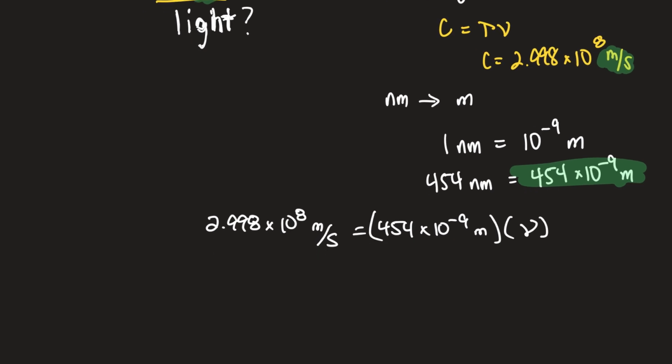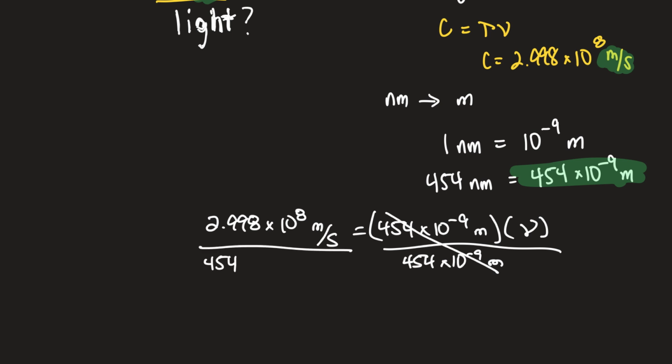So we'll just divide both sides by 454 times 10 to the negative 9 meters. This will cancel out. What you do to one side, you have to do to the other.